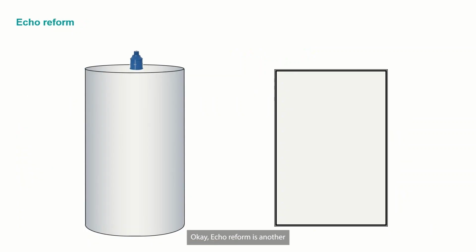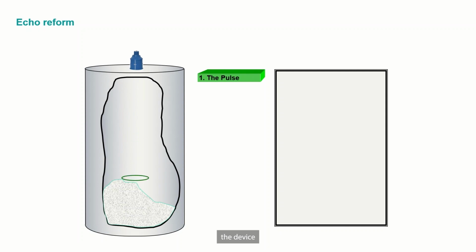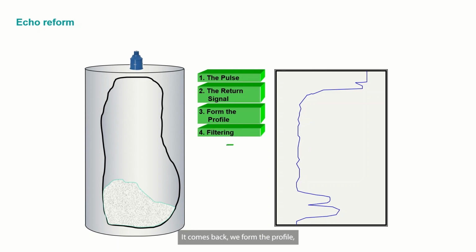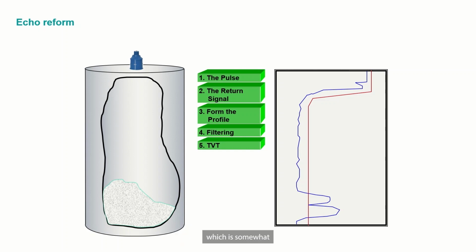Okay, echo reform is another setting that we have in the device, typically used in solids or also in dome tanks. So again, we create the signal from the sensor, it comes back, we form the profile, we apply filtering, we assign our TVT, and you can see here, because we have a solids application which is somewhat piled into some sort of angle of repose, we're getting kind of a muddled signal back, or maybe multiple different paths of our measurement signal, and it's created this kind of two peaked profile.